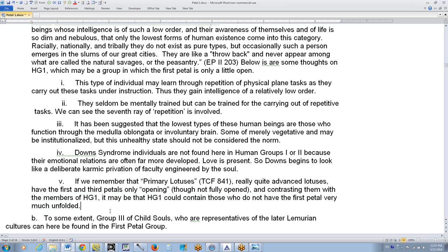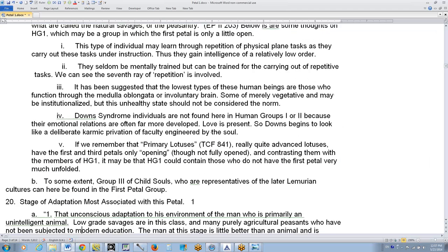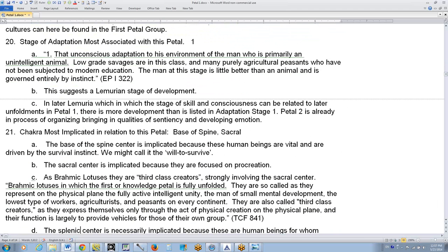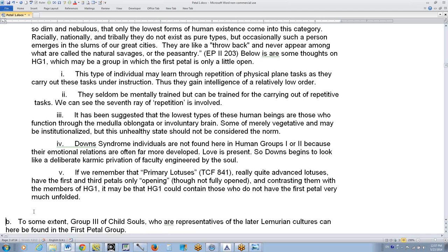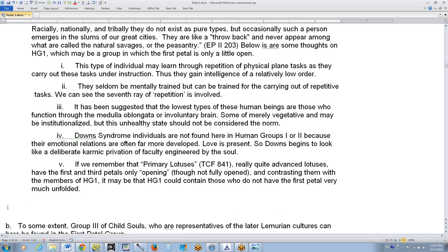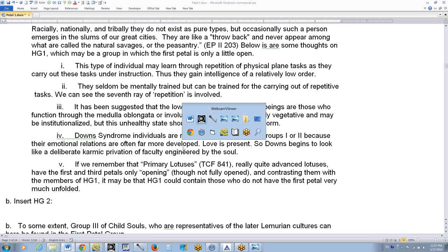I do feel that human group 2 should be here as well, and I don't know why it's not. Somehow I'd like to insert human group 2 in relation to this petal, because we can't really have human group 3 without human group 2.